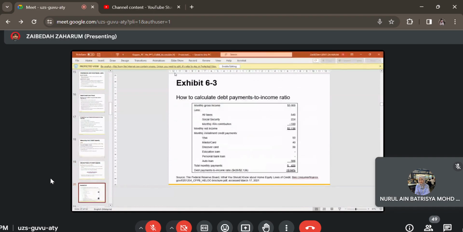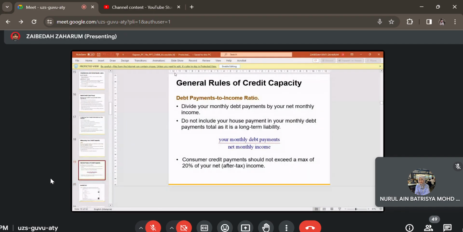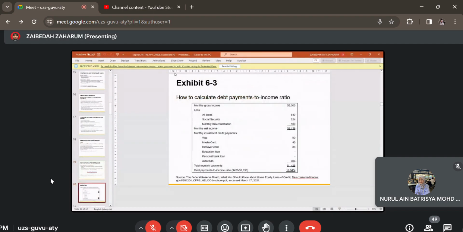Alright. So kat sini macam mana kita nak calculate debt payments to income ratio? Total monthly you punya debt payment bahagi dengan you punya monthly net income. So sini you akan nampak income you tadi 2136 kat situ, monthly net income.